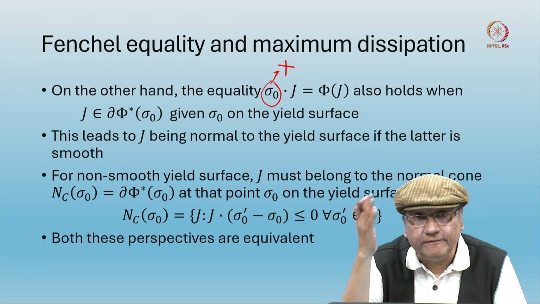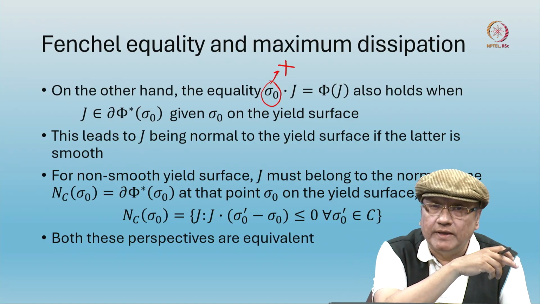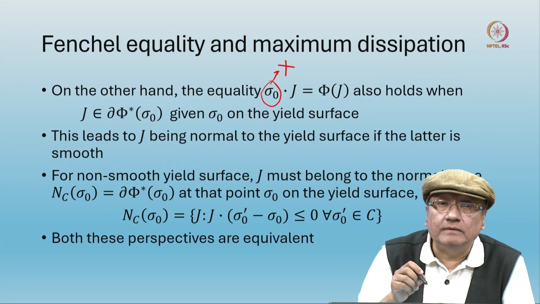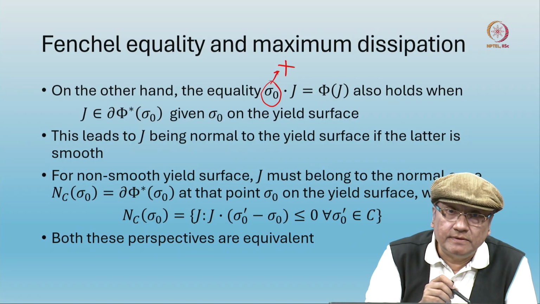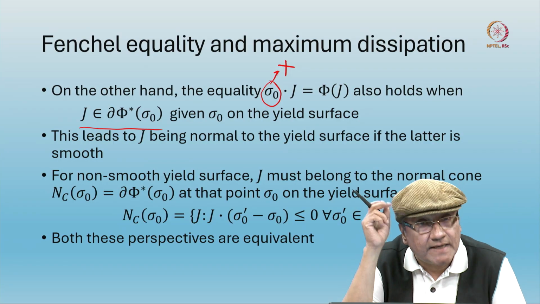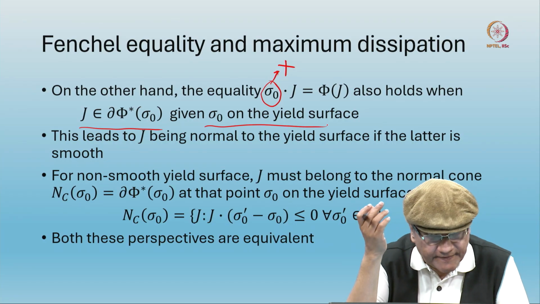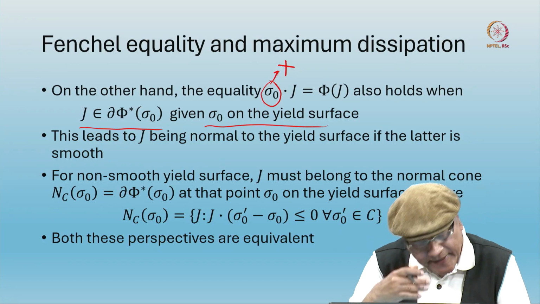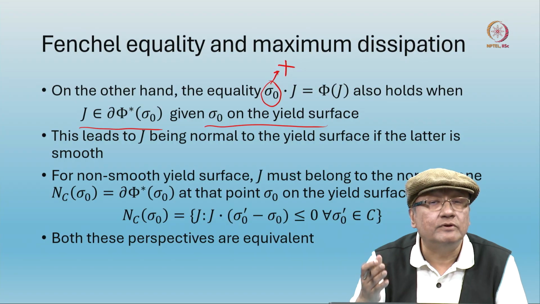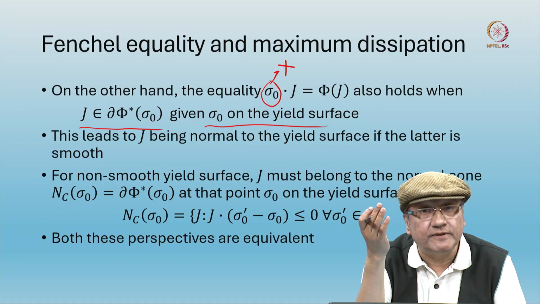So basically from convex analysis, the dual to the statement of Fenchel inequality is the following. When it turns out that J is in the subdifferential of phi star at sigma 0, given sigma 0 on the yield surface, then again I can apply Fenchel equality to say that sigma 0 inner product J will be equal to phi J. Earlier we said sigma 0 belongs to the subdifferential of phi.